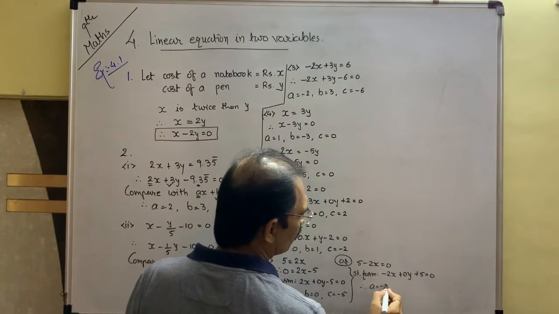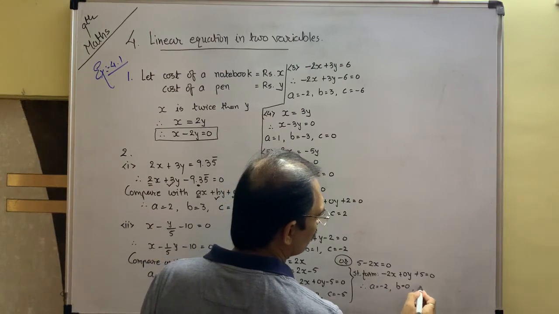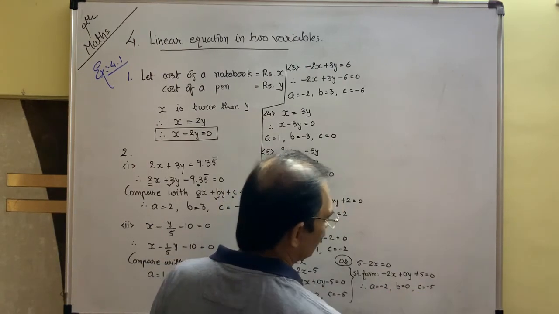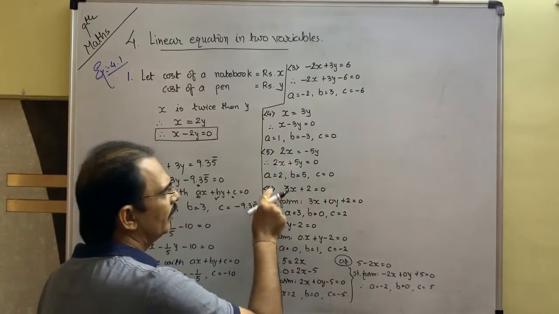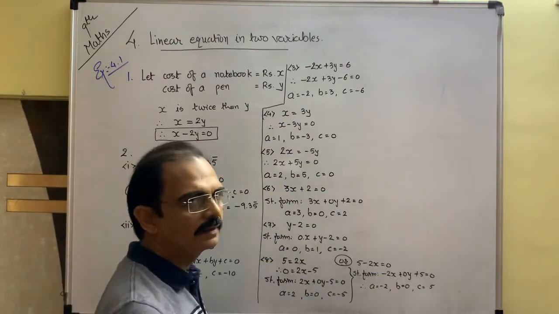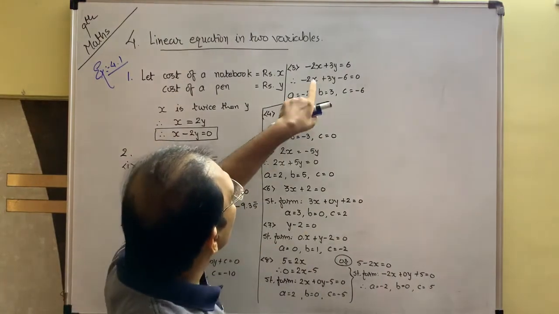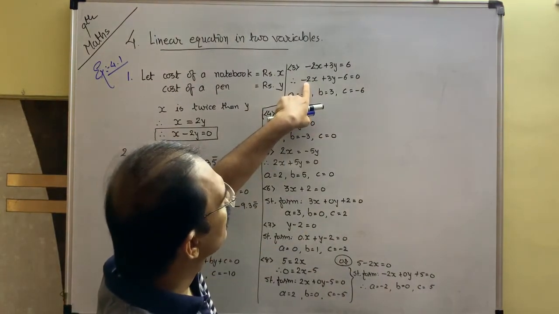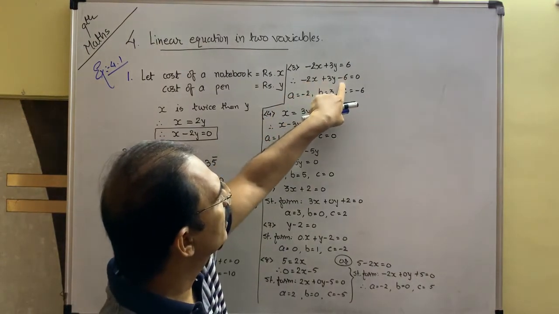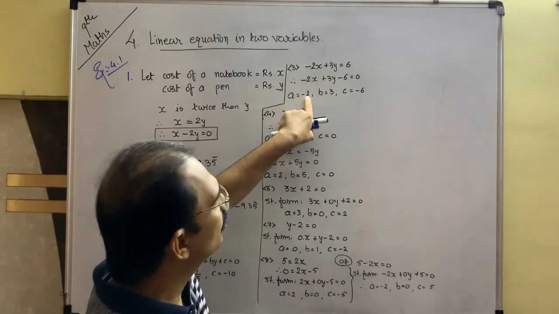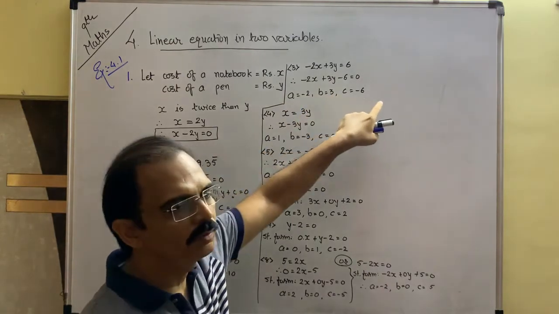Therefore a equal to minus 2, b equal to 0, c equal to plus 5. And for all this remaining 6 sums, you can apply this type of method. That means if you change the sign of this, then minus 2 will be plus 2, minus 3y plus 6. So answer is a equal to 2, b equal to minus 3, c equal to plus 6.